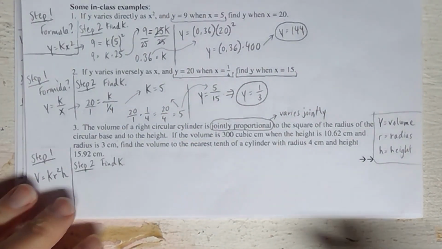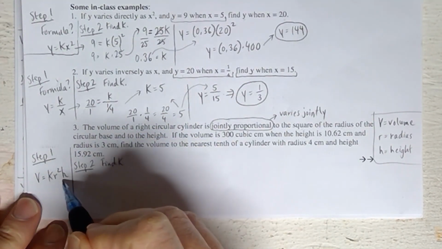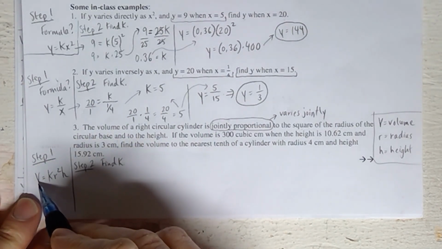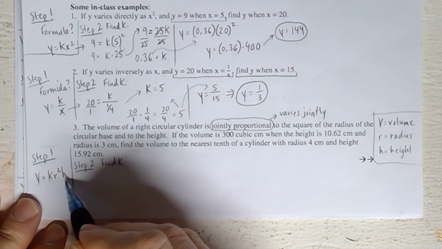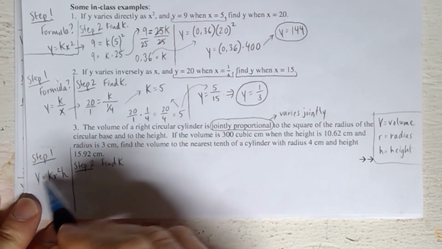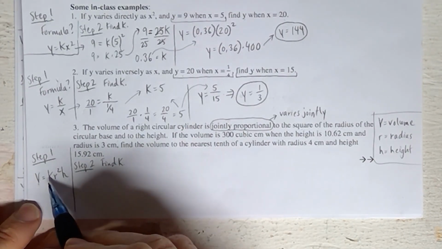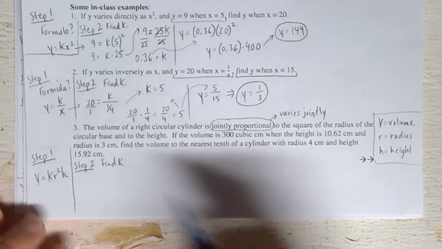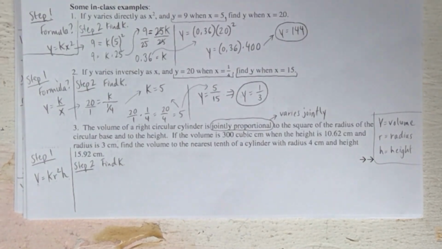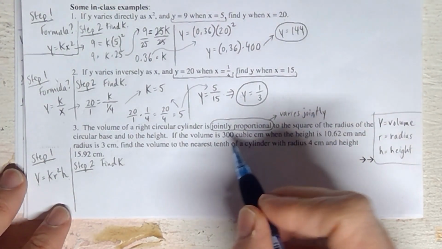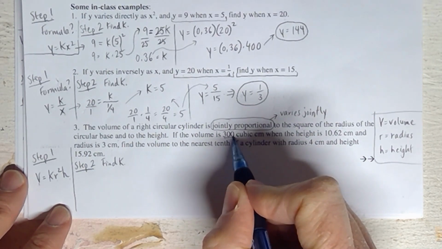It's the same thing here. We have 3 other letters this time instead of just 2 like we did with y and x. This time we have 3 other letters, V, R, and H. And so if I plug in all 3 of the numbers that go together for V, R, and H, K will then be able to be solved for because it'll be the only letter left in your equation. See how they've got V is 300 right here?